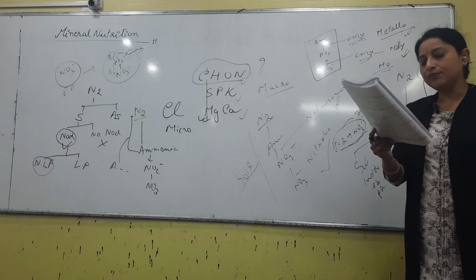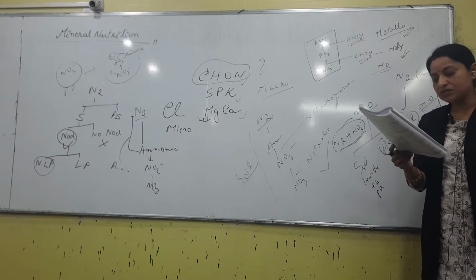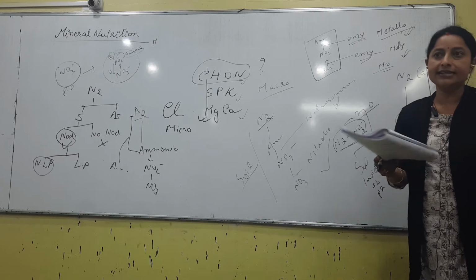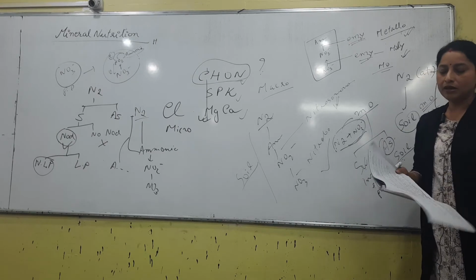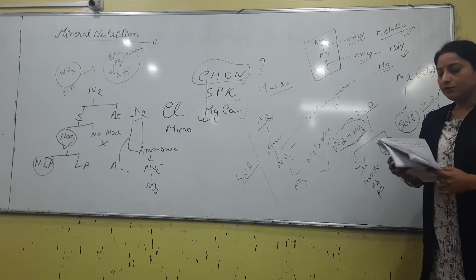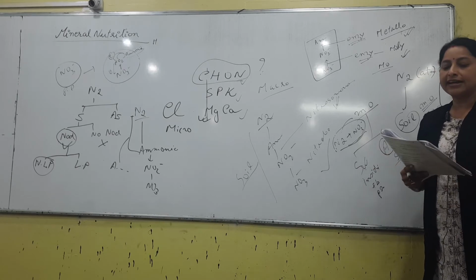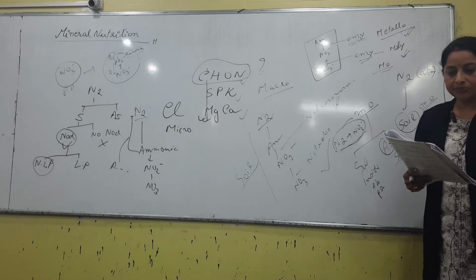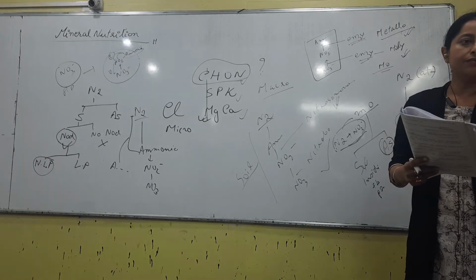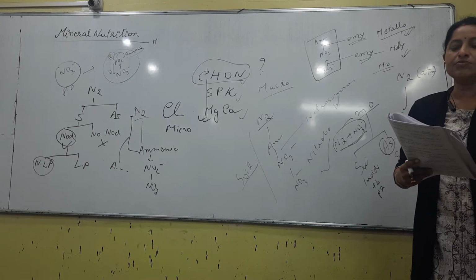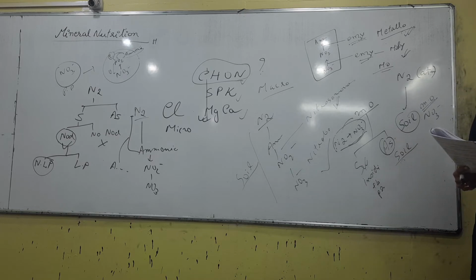So NO3, with the help of other substances, will get converted to nitrite inside the plant body. Next step, reduction of nitrites to ammonia. It is carried out by an enzyme called metalloflavoprotein, also called nitrite reductase.